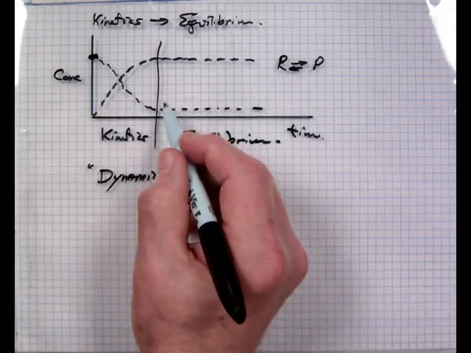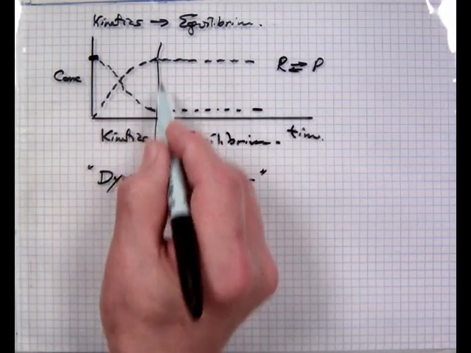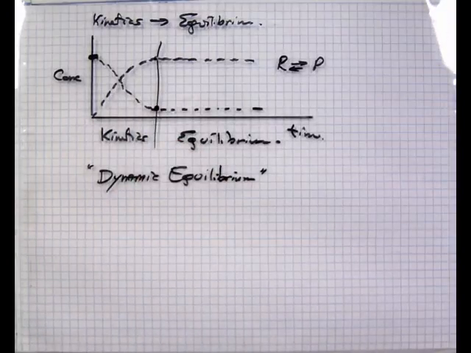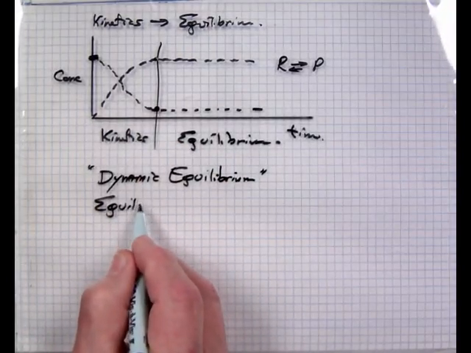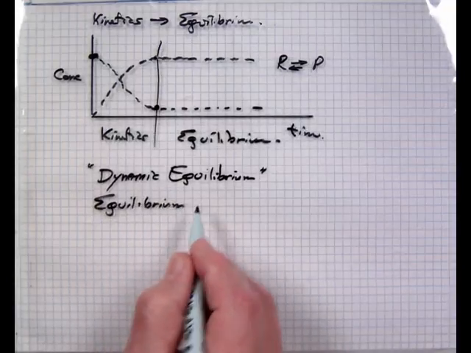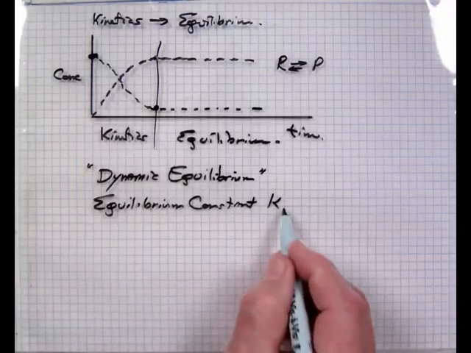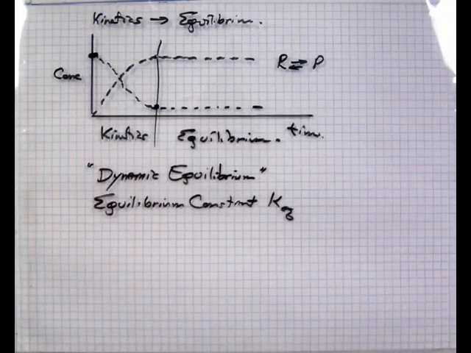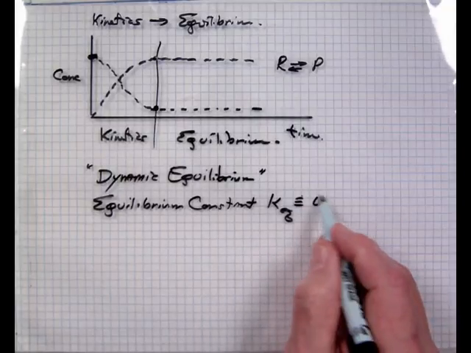And that's why we call it extent of reaction. So this point is related to what we call the equilibrium constant. And it's given a capital K subscript EQ and essentially defines extent of reaction.